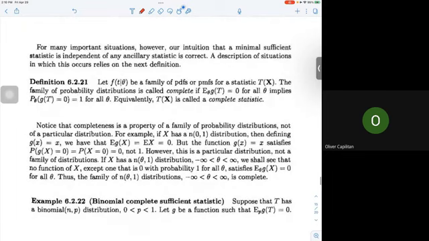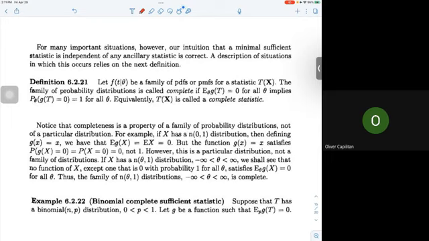So, consider this definition. Let f of t given the parameter theta be a family of PDFs or PMFs for a statistic T of the random sample. The family of probability distributions is complete if the expectation of g of t given the parameter is equal to 0 for all theta implies that the probability that g of t is equal to 0 given theta is equal to 1 for all theta.